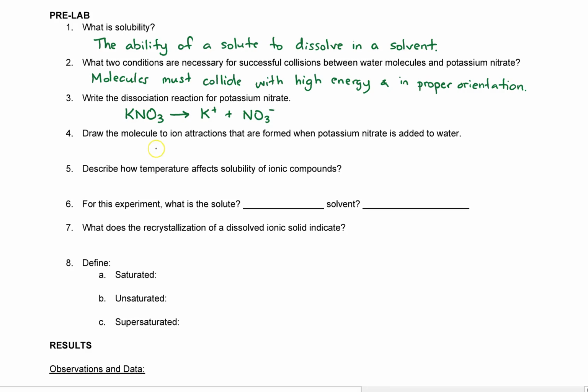So, the potassium ion would be surrounded by water molecules with the oxygen side facing it. Okay, while the nitrate, which has a -1 charge, would be attracted by the positive side of water. So that's what I'm drawing here.